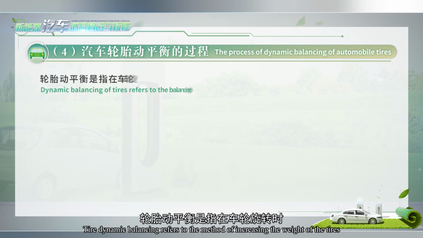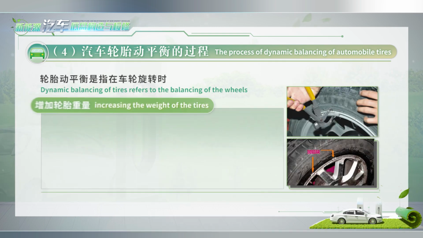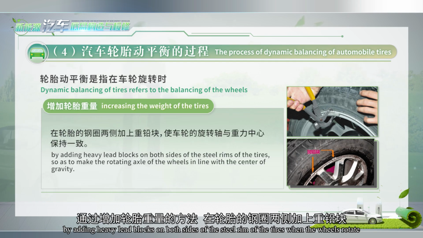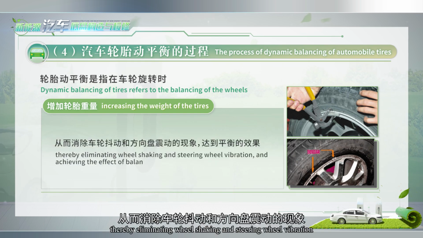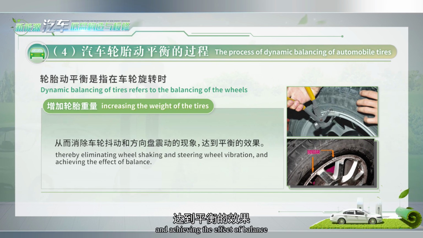Tire dynamic balancing refers to the method of adding heavy lead blocks on both sides of the steel rim of the tires when the wheels rotate, so that the rotation axis of the wheels is consistent with the center of gravity, thereby eliminating wheel shaking and steering wheel vibration and achieving the effect of balance.